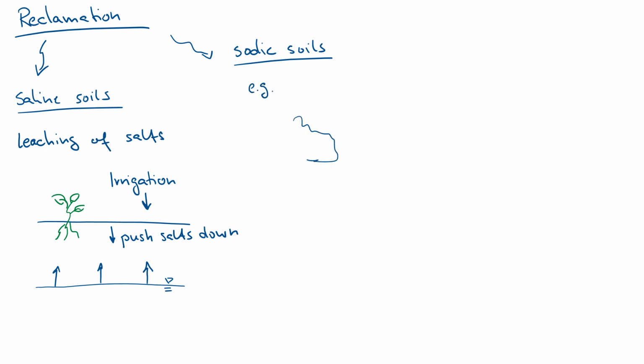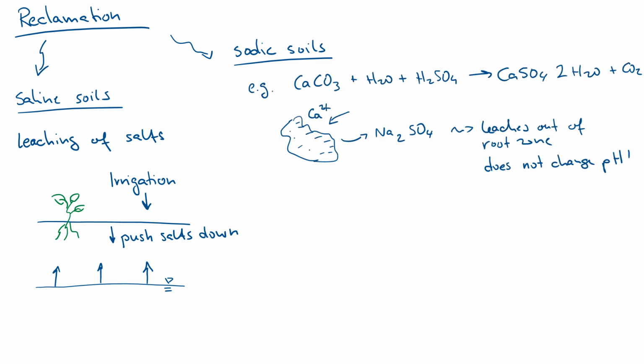So let's take a quick example and look at what if we added calcium carbonate. Through a series of reactions it would form hydrated lime, and that hydrated lime would provide a source of calcium that can replace sodium on these exchange sites, and then the sodium would form sodium sulfate.